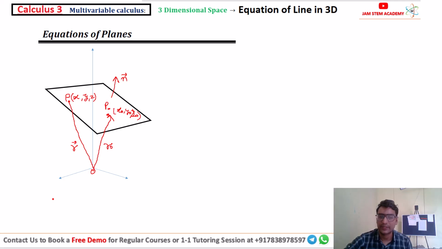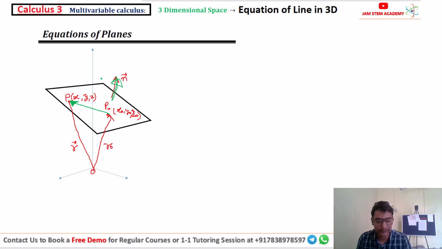Now we have to find the equation of the plane using this information only. See, if I join P and P naught, I'll get a vector lying in the plane. This one, P naught P, is a vector lying in the plane. And this vector lying in the plane and the normal vector to our plane are perpendicular to each other, right?